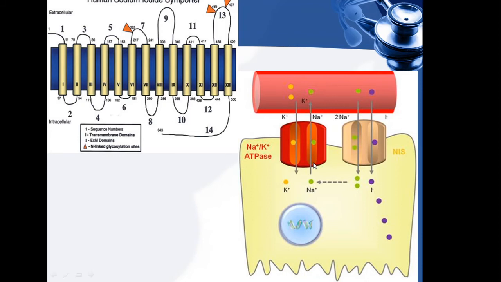And in this figure, you can see that for every 2 sodium molecules, 1 iodide molecule is transported into the cell, and the sodium concentration is maintained by transporting the sodium out of the cell and the potassium into the cell by the sodium potassium ATPase. So this sodium potassium ATPase ensures that the sodium concentration inside the cell does not increase.